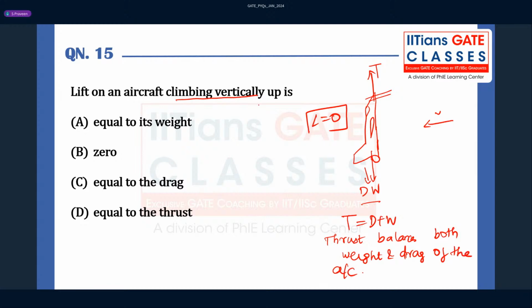So lift would be zero, hence the answer is option B, right? Hope you guys don't have any doubts in this. If no doubts, then let me go ahead.